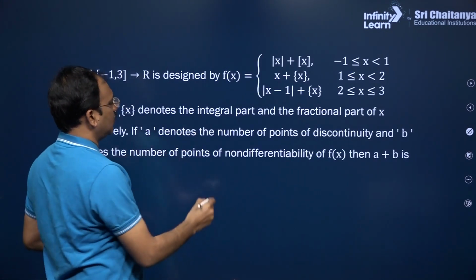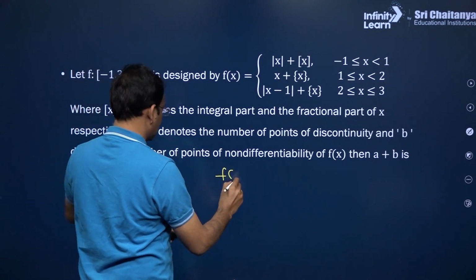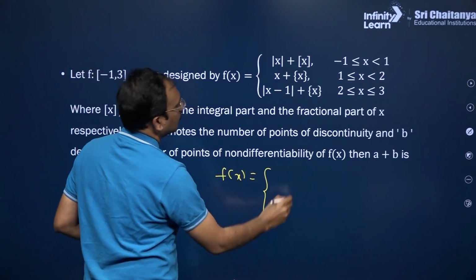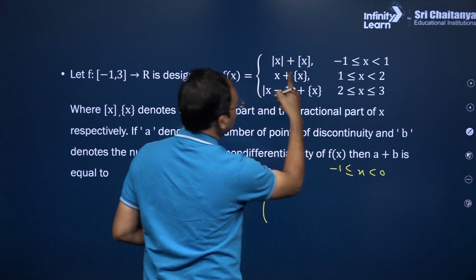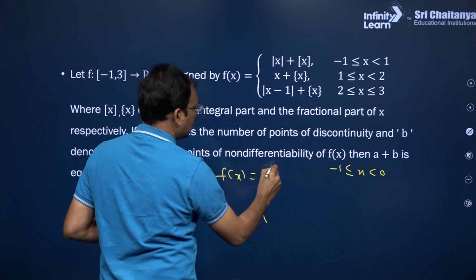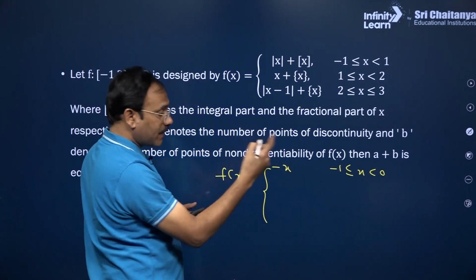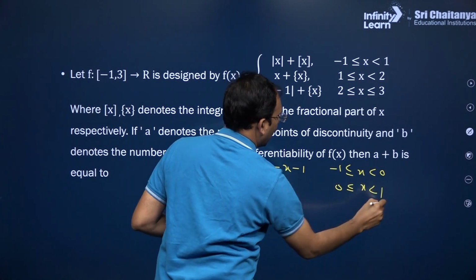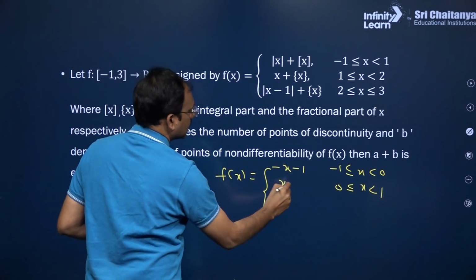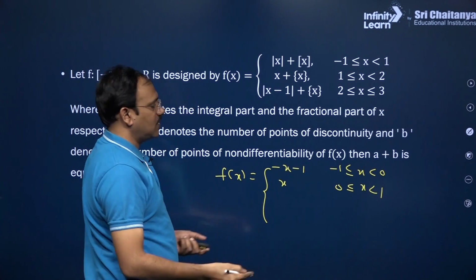You need to split it into cases. f of x, when x is from minus 1 to less than 0, x is negative, so mod x is minus x and the step function of x is minus 1. When x is from 0 to 1, mod x is x and the step function is 0, so x itself.